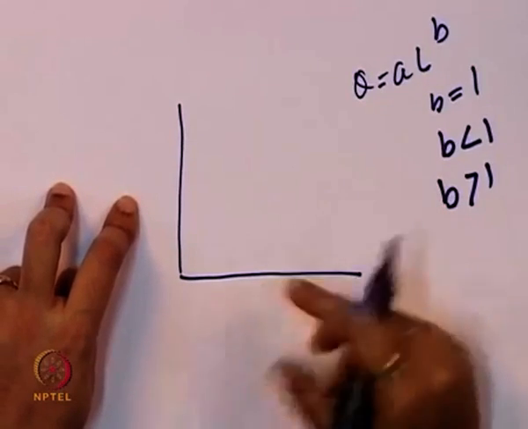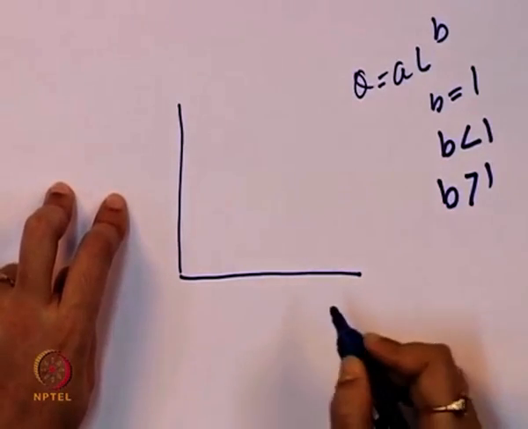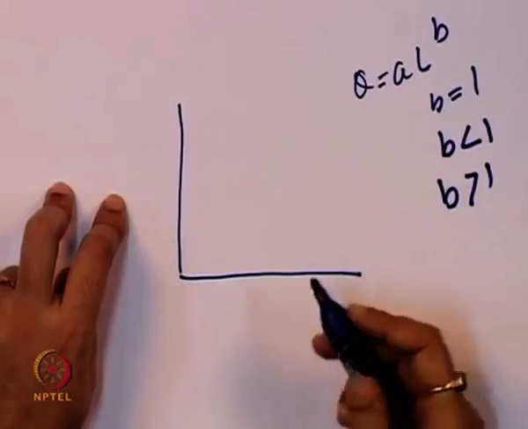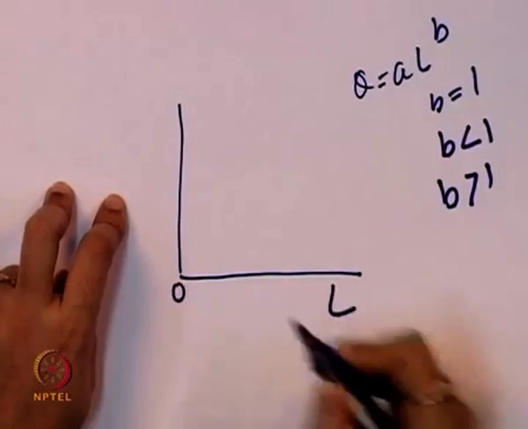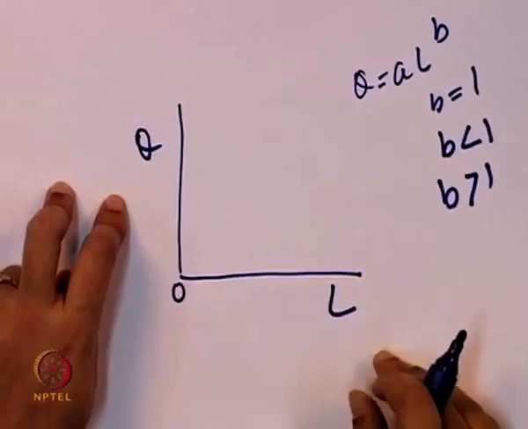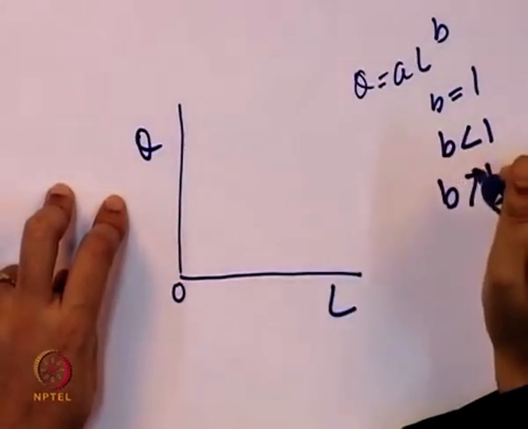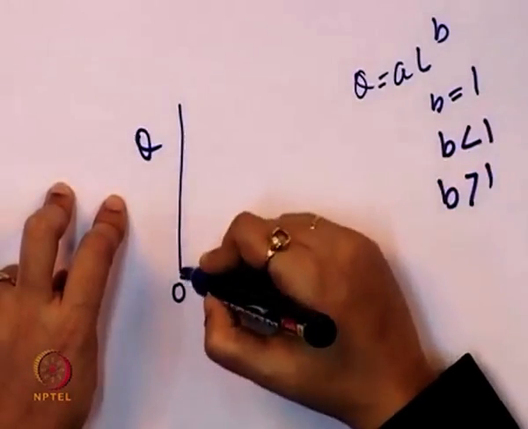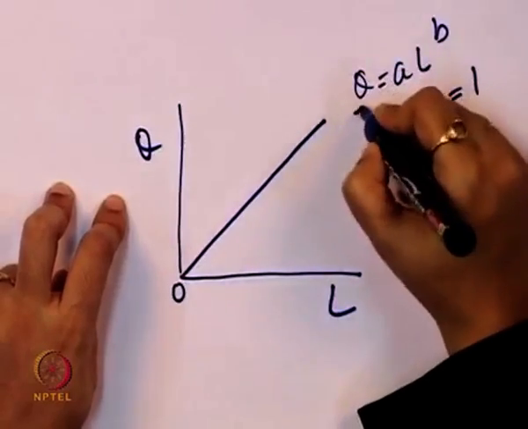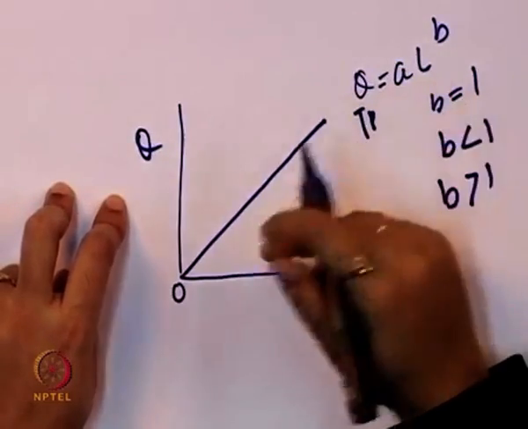So in this case, if you represent it graphically, again taking the same formulation, here it is labor, here it is output. When we get the value of B equal to 1, it is a straight line. The total product curve is a straight line.